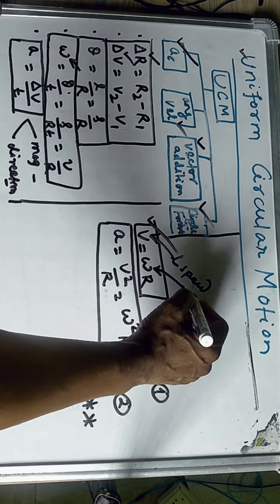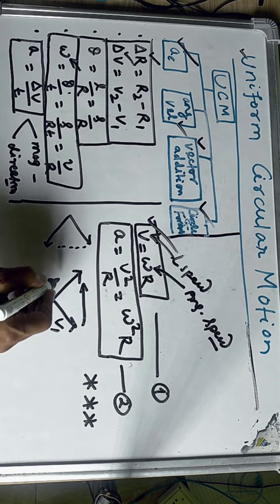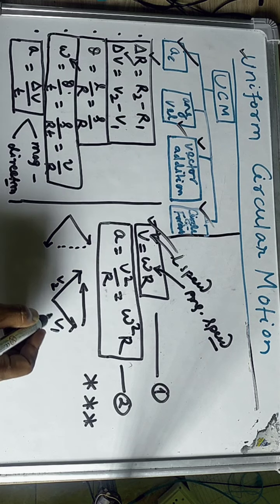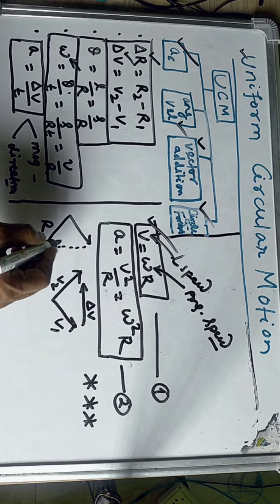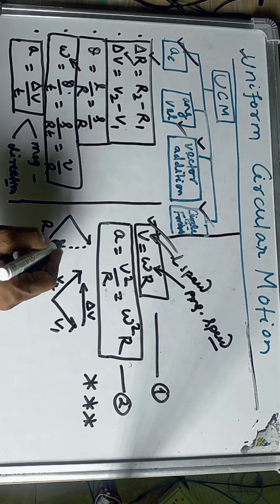Now to find out the direction of the acceleration, we have already studied the vector addition of velocities v1, v2, whose resultant is delta v, and the resultant vector of position vectors r1, r2 is delta r.